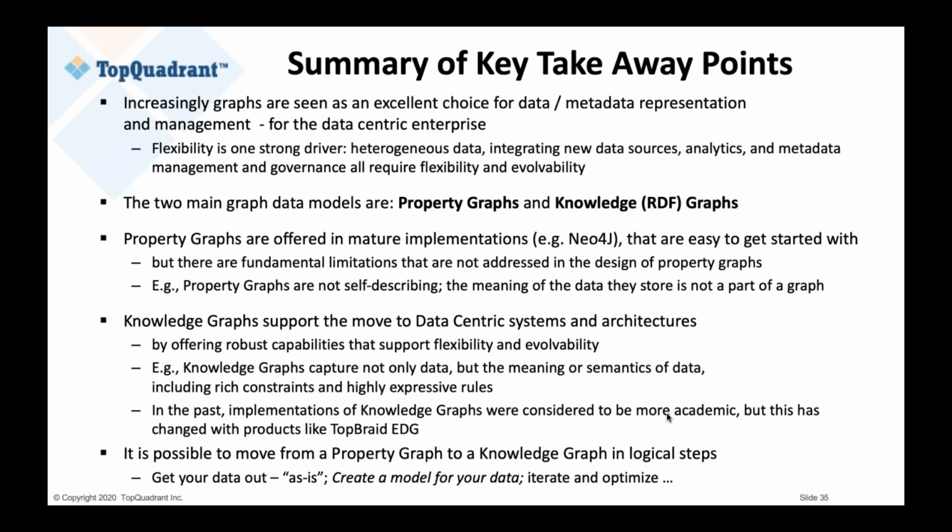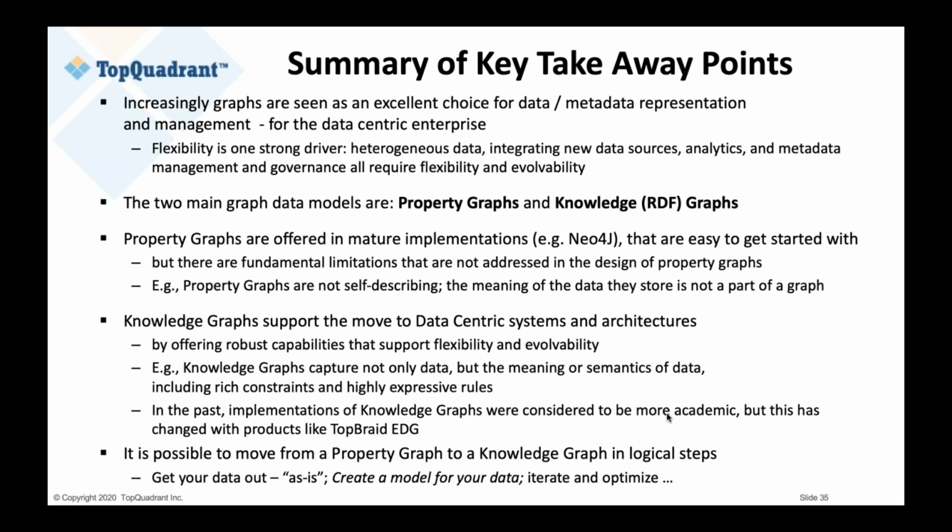In summary, graphs are very popular. There are two main graph data models that we discussed together today. There are some very mature implementations of property graphs. In the past, there was an opinion that RDF knowledge graphs are more researchy, more academic, less mature, but this has not been the case for years, with tools like TopBraid Edge and others.